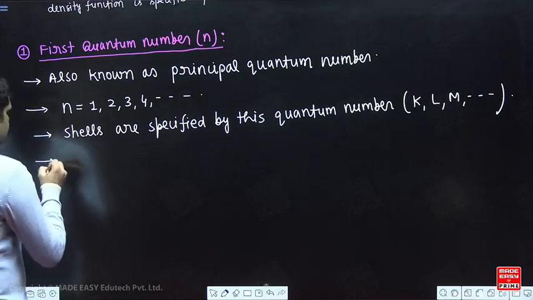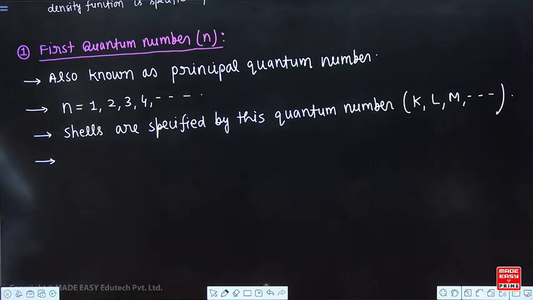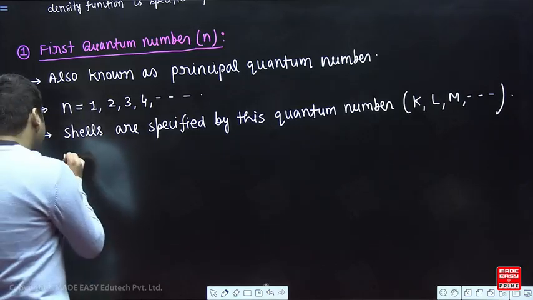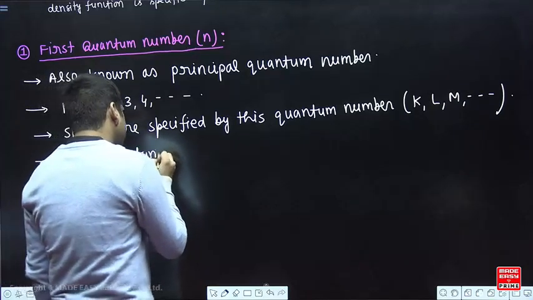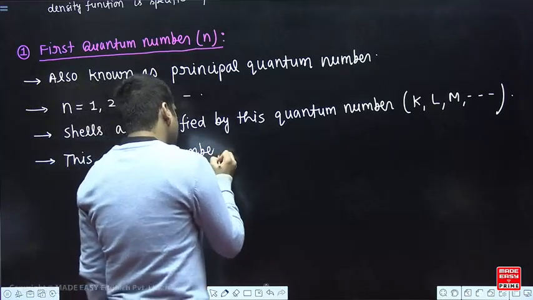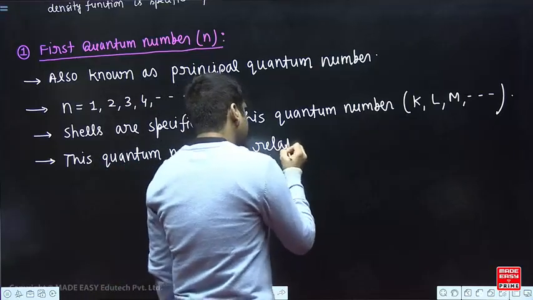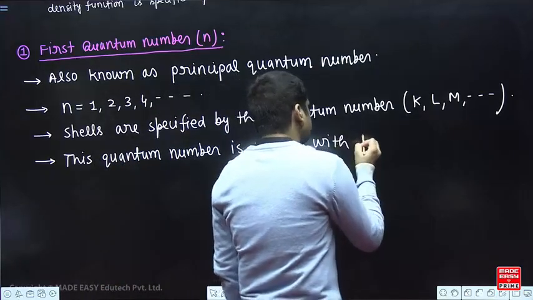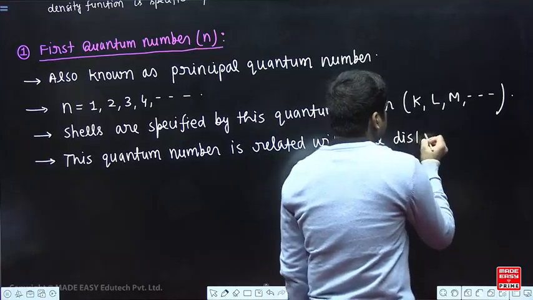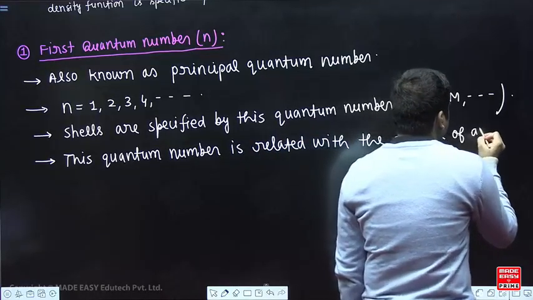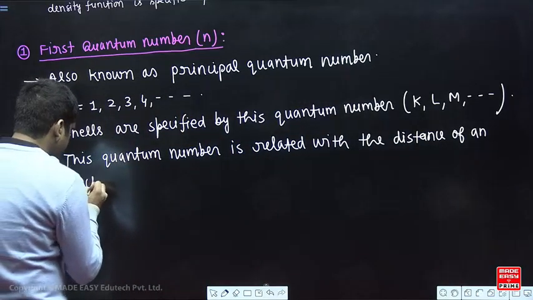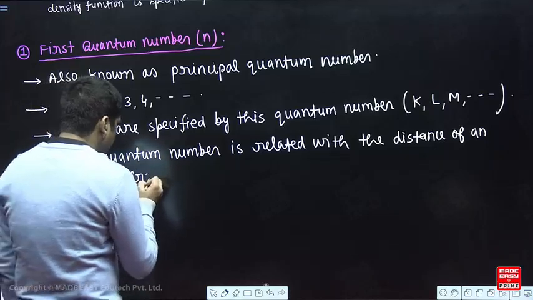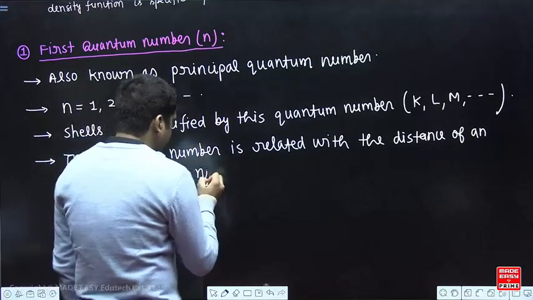This quantum number is related with the distance of an electron from the nucleus.